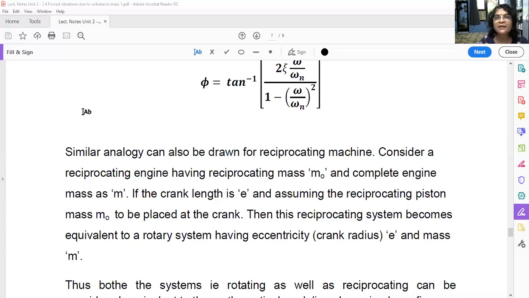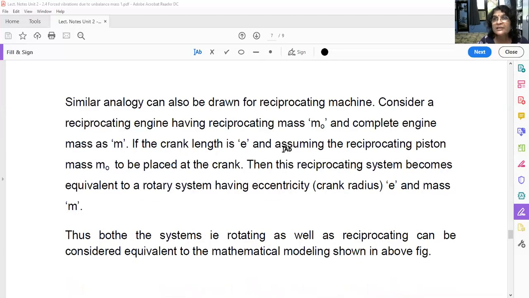If you remember the reciprocating mechanism diagram we learned in theory of machines, this is the connecting rod, this is the crank, this is the crankshaft, and then this was the piston. So the unbalanced mass present in the piston is assumed to be placed at the crank. Then that becomes the rotary case. Understood? So assuming the reciprocating piston mass M0 to be placed at the crank, this reciprocating system becomes equivalent to the rotary system having eccentricity equal to crank radius E and complete mass M.